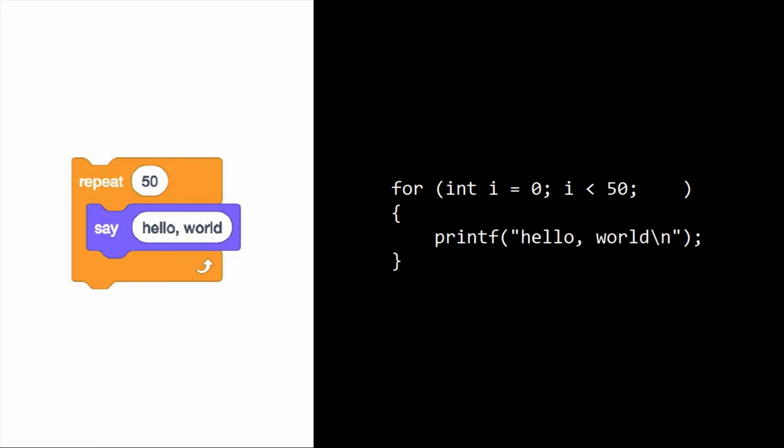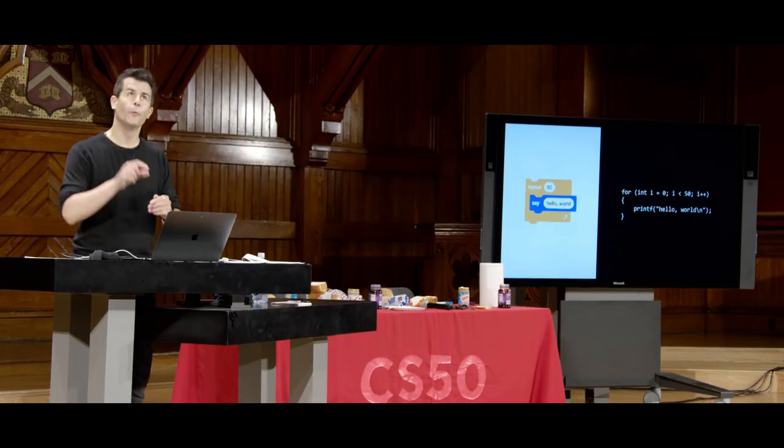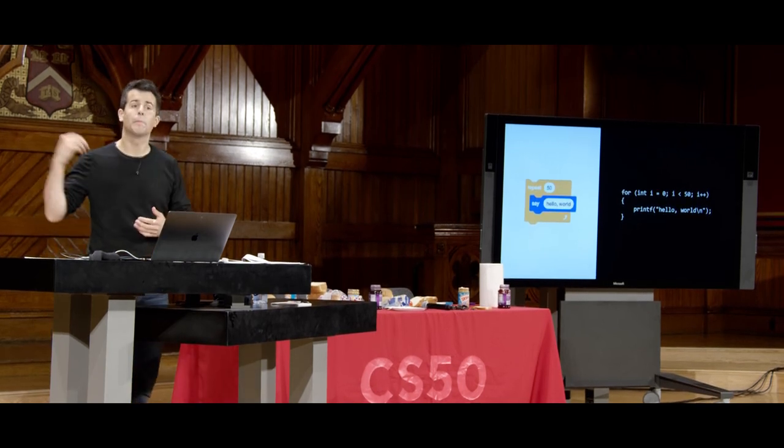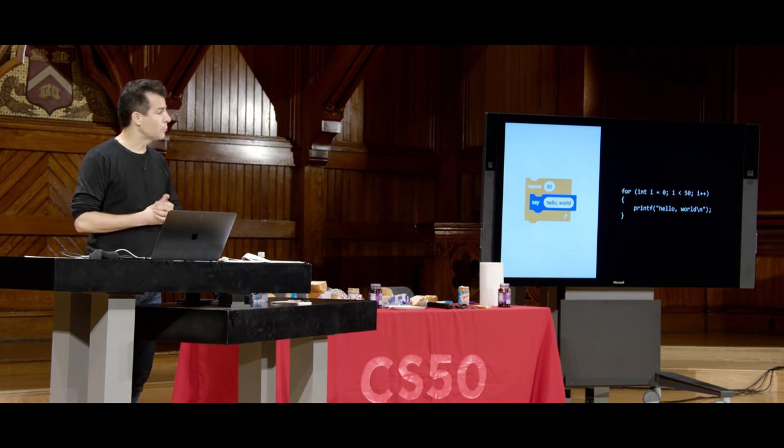Now, initially, it's obviously going to be less than 50 because 0 is less than 50. But that same condition is going to be checked again and again and again as this loop executes. And then recall from before, we can just plus a variable to add 1 to it. We could do this more verbosely. We could say i equals i plus 1, but it's just more conventional to write i++ to say the same thing more tersely.